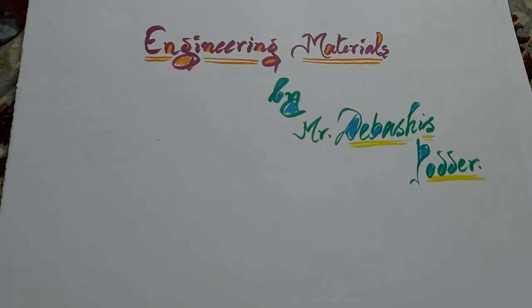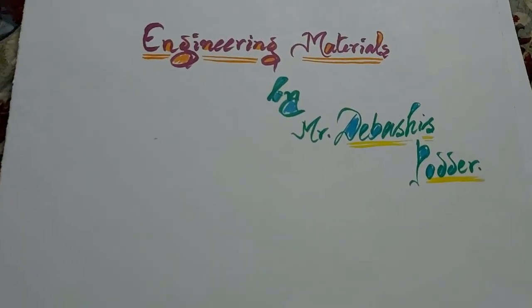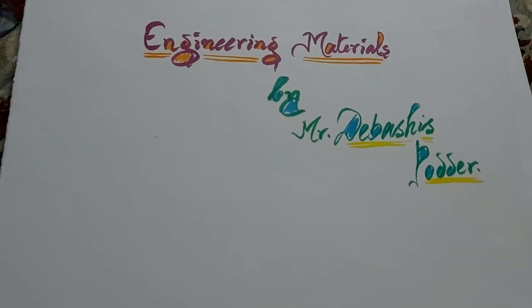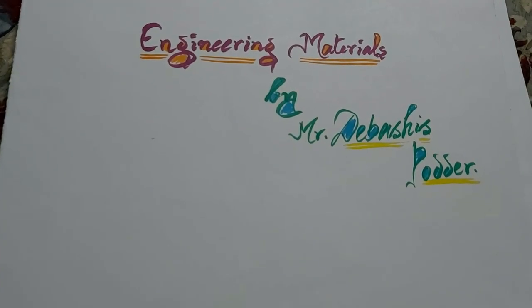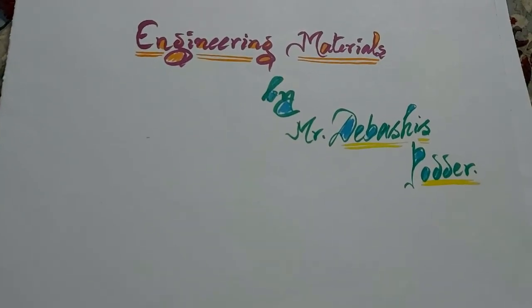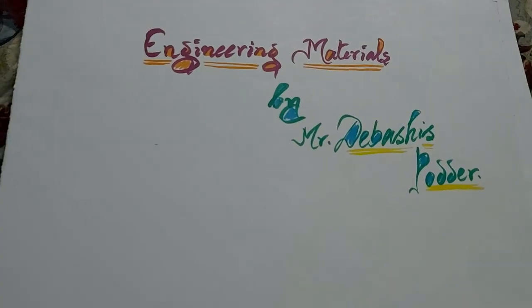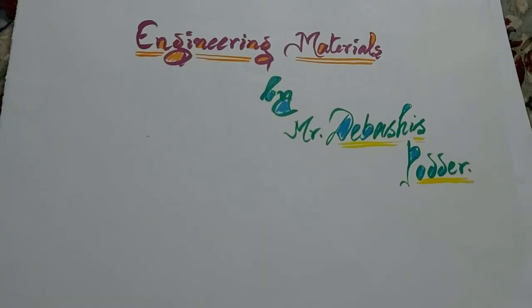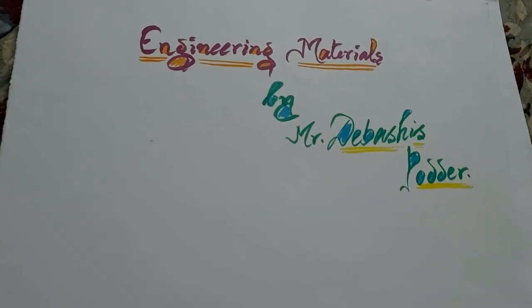Now come to the last question, which is, if we take atomic percentage instead of weight percent, then what will be the phase diagram? So in this regard, I want to say, basically this is a question of chemistry, but still I will discuss it.